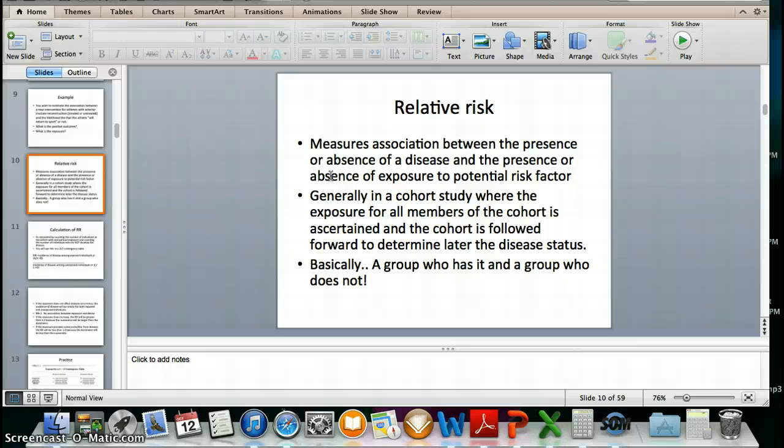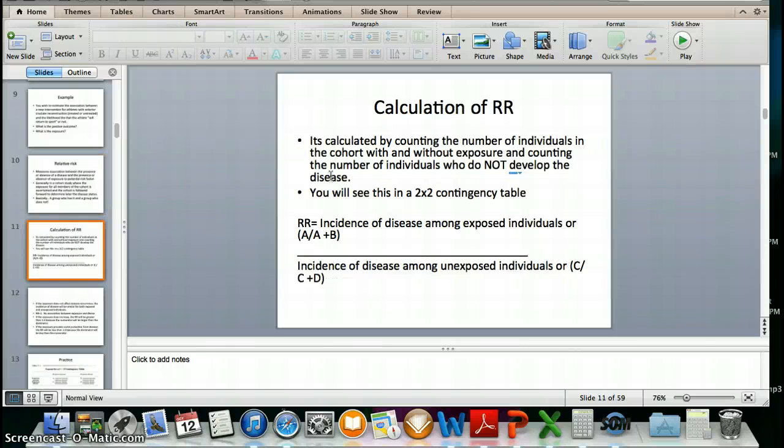So basically a group who has it and a group who does not. Now when you calculate relative risk, it's calculated by using a 2x2 contingency table, which we are and should be familiar with by this time, with the equations that you can see here. Now it looks a little weird, but we will apply it. So this is just for knowledge base.